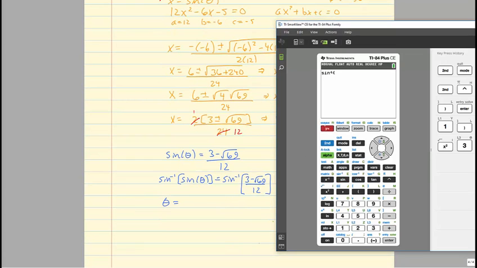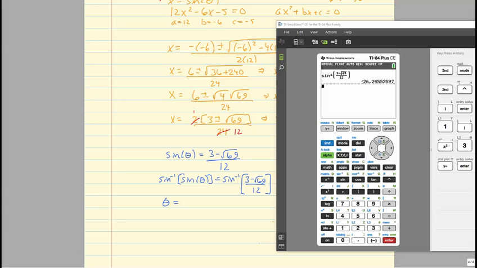And I'm going to use my alpha y equal key, and I'm going to go 3 minus the square root of 69 all over 12. So this is, remember, this is saying what angle has a sine of 3 minus root 69 all over 12. And this is telling me it is negative 26.2455, etc.